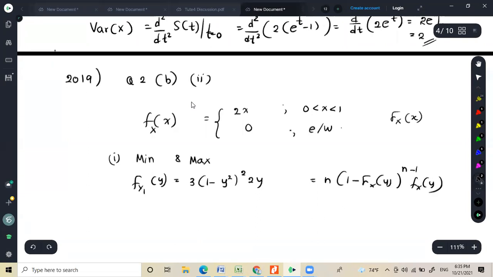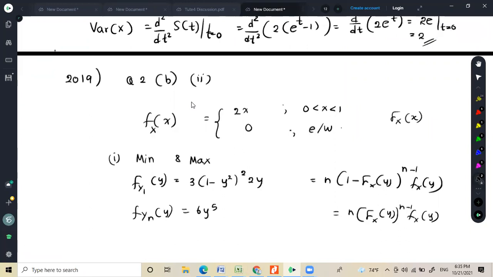From that, you can find the minimum. And the maximum is 6y^5. How do you find the maximum? n times F(y) to the power n minus 1 times f(y). From that, fx is given. You can find capital F(x) by integrating from 0 up to x. Then using this formula, you can find the min and the max. So these are the answers you will find from part 1.